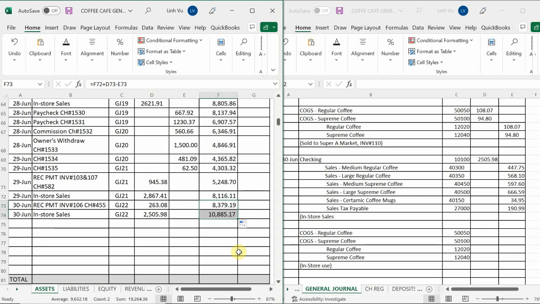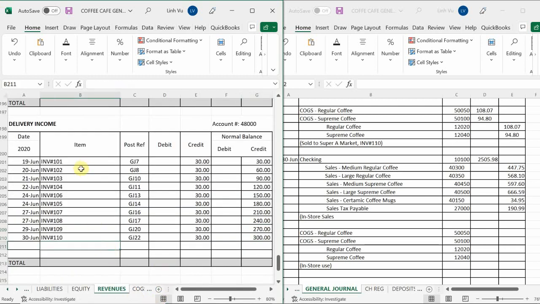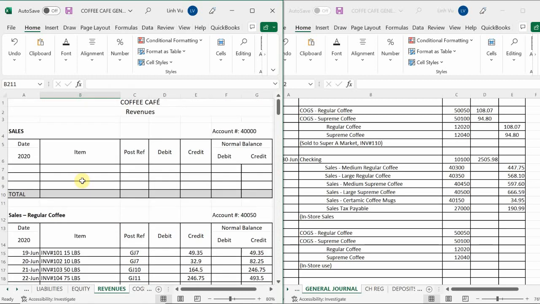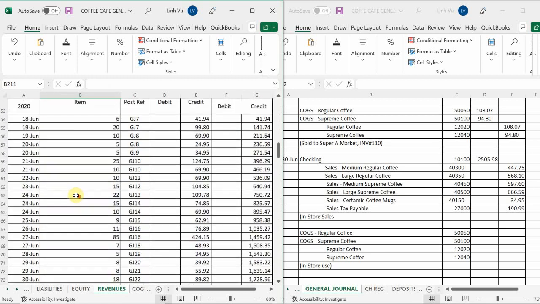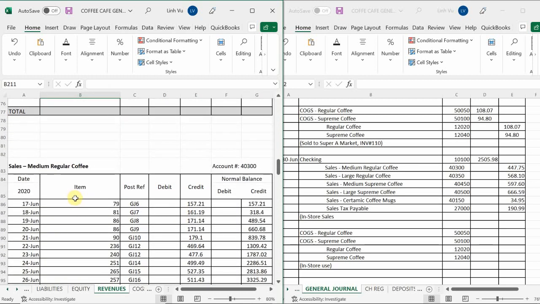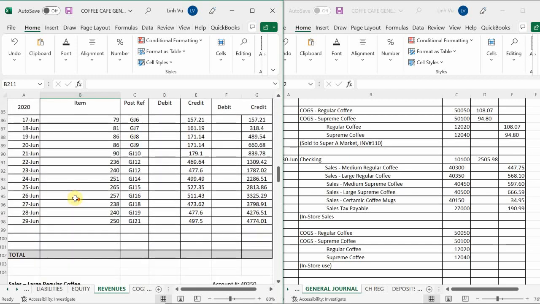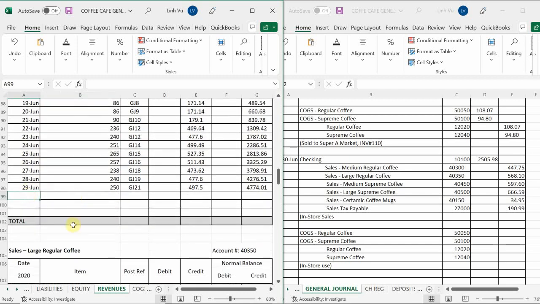And then we go to the revenue to update sales of each coffee size. Okay, starting with the medium regular coffee. We saw the 225 cups, page 22, 447.75.